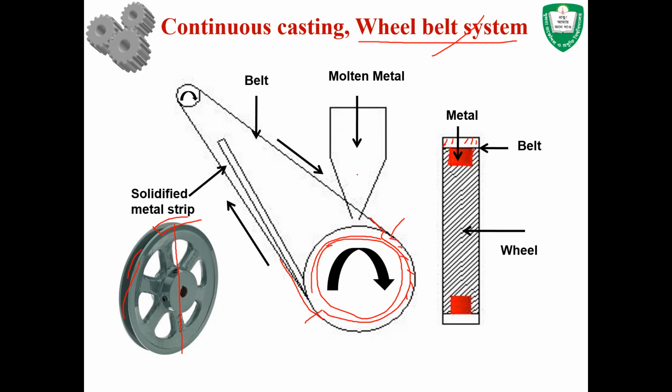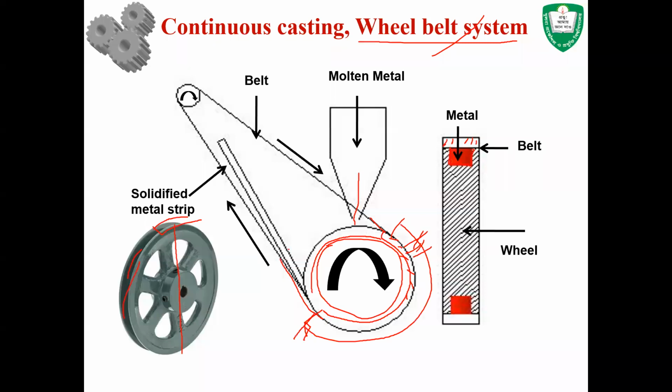When you pour the molten material into this region and the wheel rotates, that material gets trapped into the blank space with the belt, and then when you apply the cooling water spray from outside, the material gets solidified from this region to that region. Up to this point, the material gets solidified.